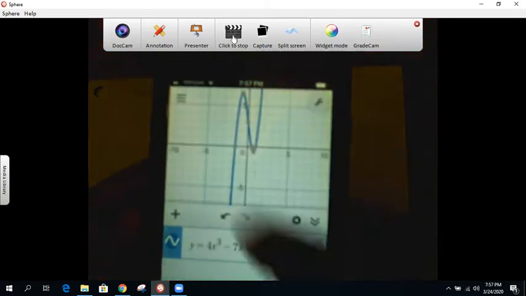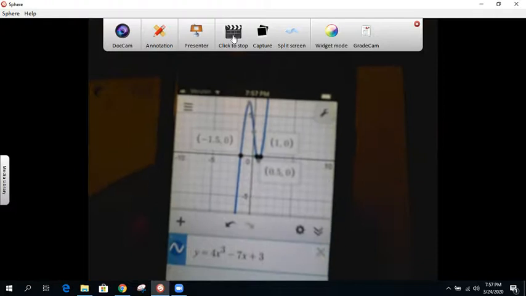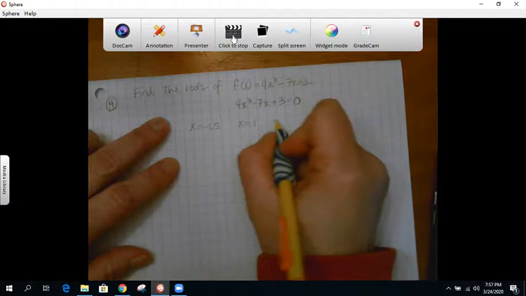I want the 0, so if you just tap where the x-intercepts are, it tells me I have one at 1, I have another at 0.5, and I have another at negative 1.5. Okay, and it's cubic, and I should have 3, and there I have 3 real numbers, right? So I get x equals negative 1.5, x equals 1, and x equals 0.5.